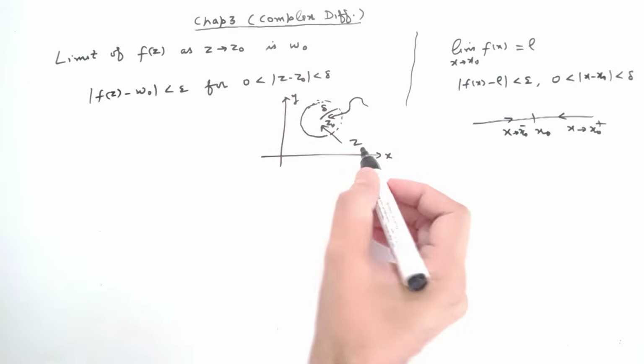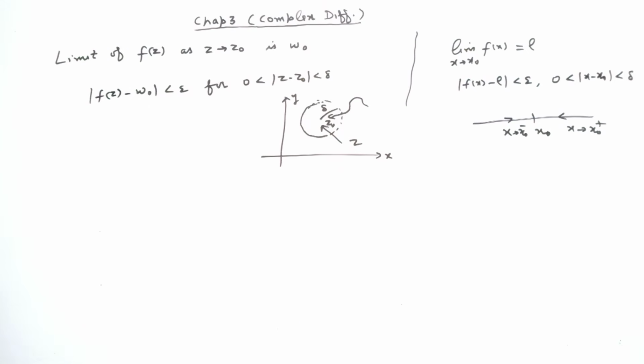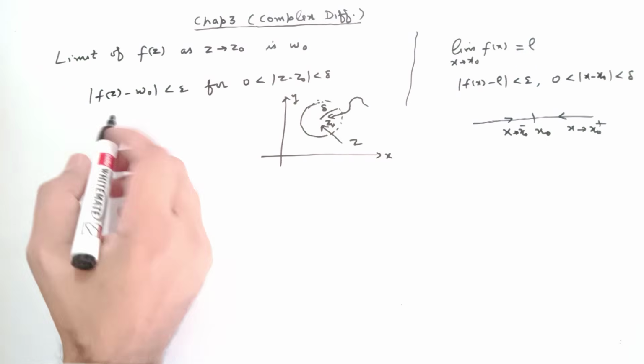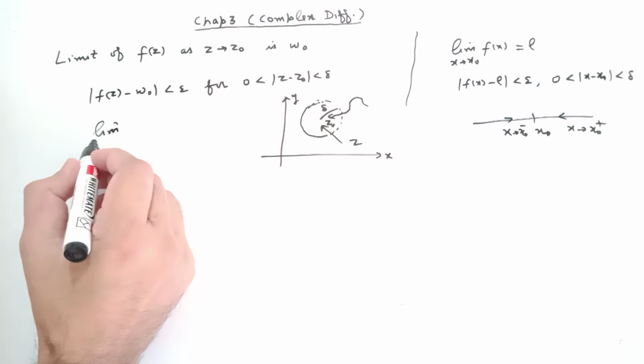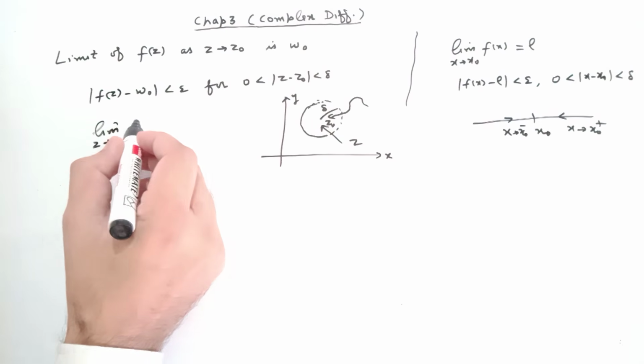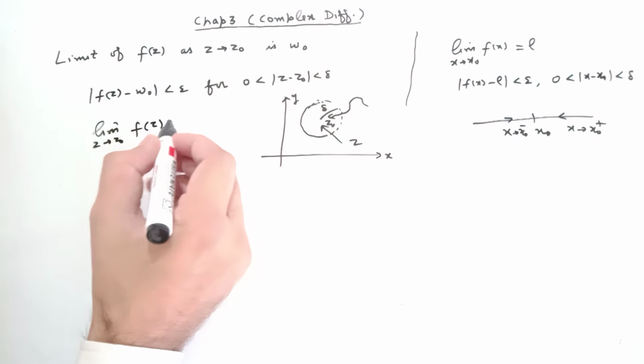Here there are infinitely many ways by which z can approach z0. Here there are only two ways. So mathematically the definitions are same but geometrically these are different. So the limit exists if this condition is satisfied, or you can say the limit is independent of the path along which z approaches z0. Symbolically we write it like this.